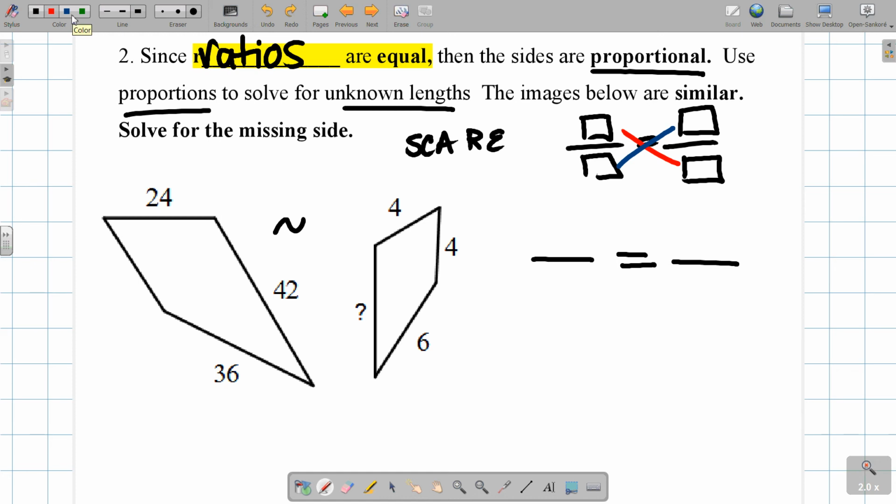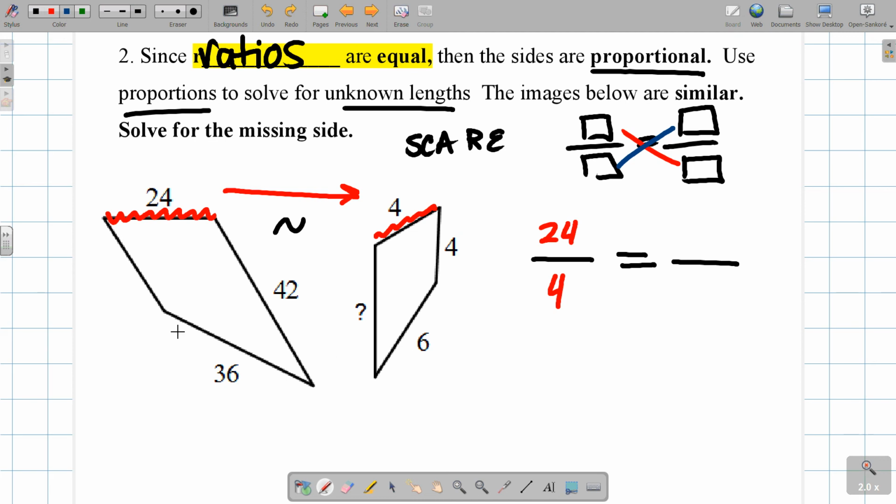We're going to go short side to short side. Okay, so short side 24 to short side 4. And I'm going to go left to right. Match the sides, mirror the direction.